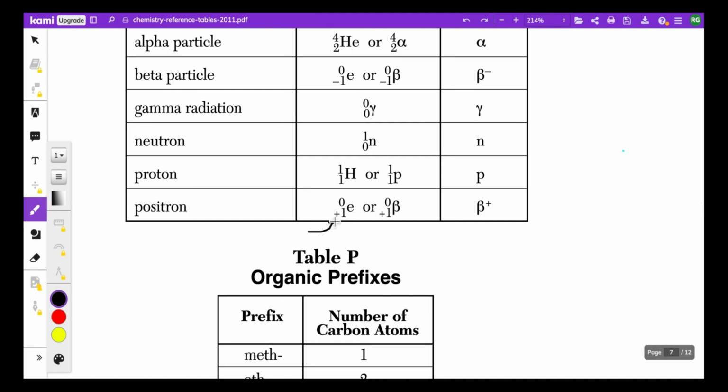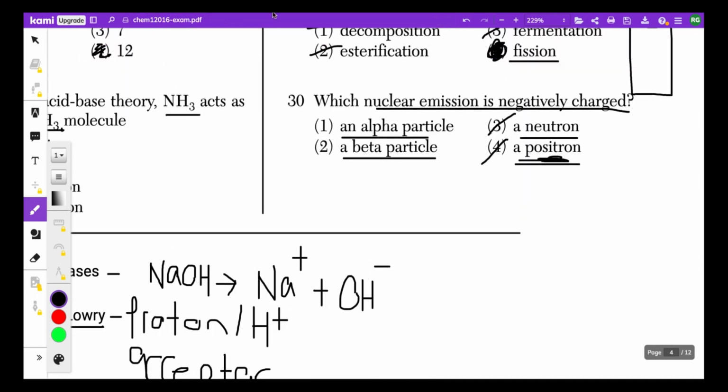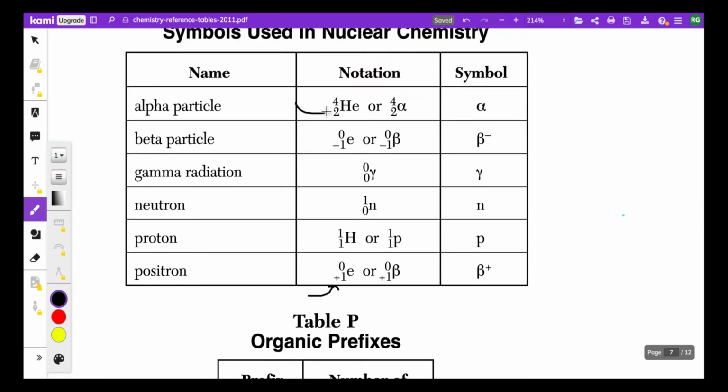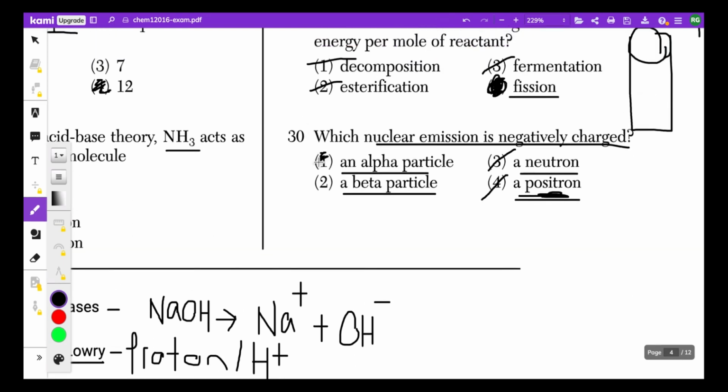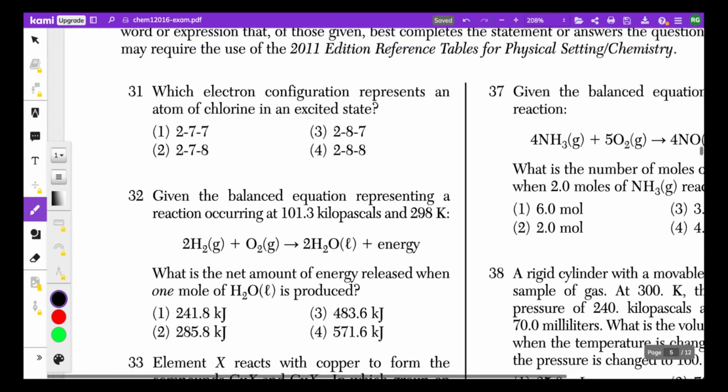Nope, it's actually positively charged. Is an alpha particle negatively charged? Nope, it's actually positively charged, so no. So a beta particle is negatively charged, and a beta particle is just an electron.